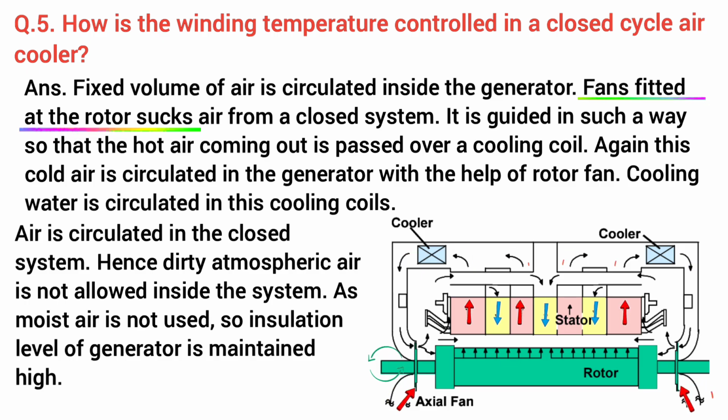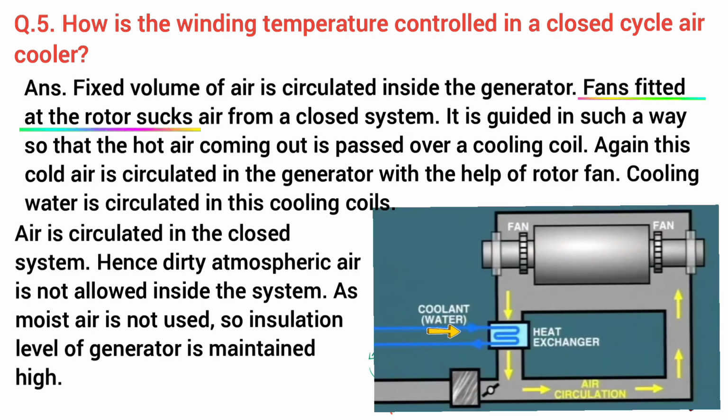Again, this cold air is circulated in the generator with the help of rotor fan. Cooling water is circulated in these cooling coils. Air is circulated in the closed system. Hence, dirty atmospheric air is not allowed inside the system. As moist air is not used, the insulation level of generator is maintained high.